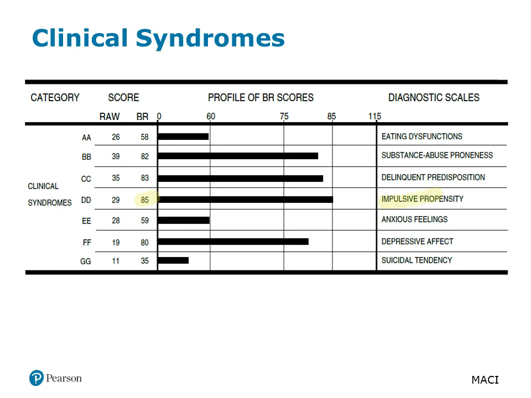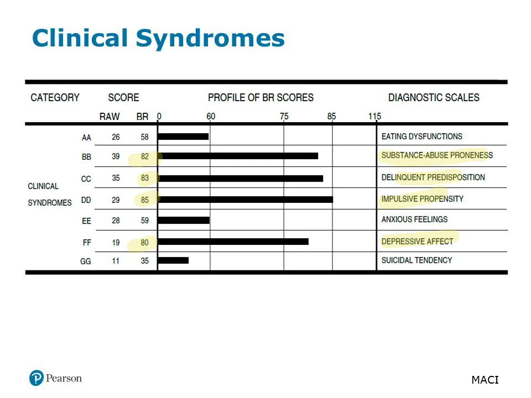Certainly the impulsive propensity. Again, we identified that under the Grossman Facet scales. And then the 83, delinquent predisposition. 82, the substance abuse proneness. We identified that based on the intake information. We know that she's used drugs as well as alcohol. And then notice here the 80 for depressive affect.